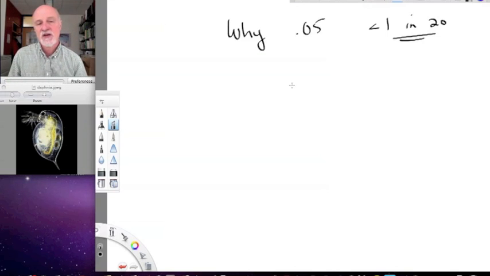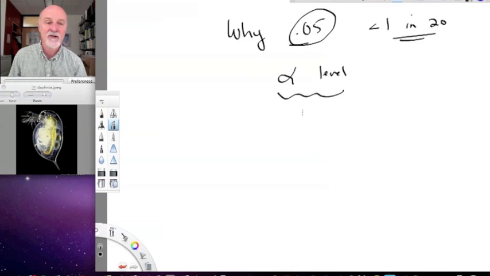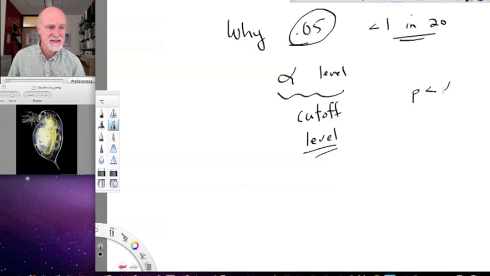All right, so that criterion is actually called our alpha level. It is our cutoff level, and it's just a convention that we set alpha equal to 0.05, and we test p against that, right? We say p less than alpha means statistical significance of our statistic, whatever it is.